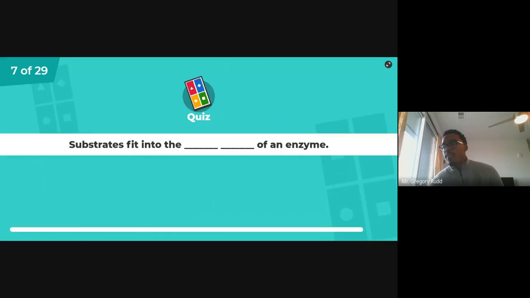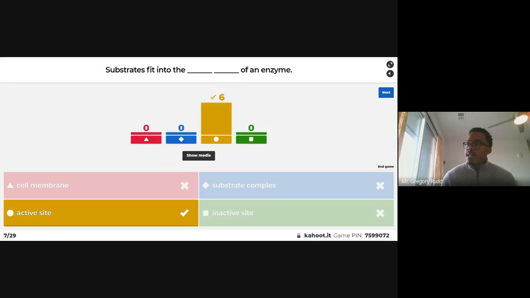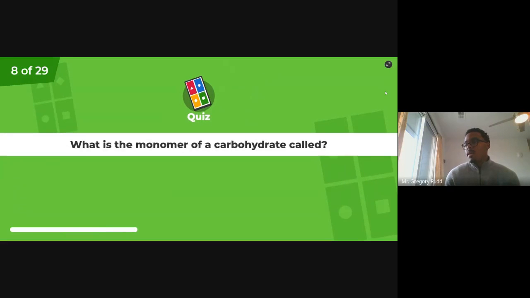Substrates fit into the blank blank of an enzyme. Oh, all the answer choices are two words. Good, the active site. Substrates fit into the active site of an enzyme, and that's where things get active. Good job. What is the monomer of a carbohydrate called?